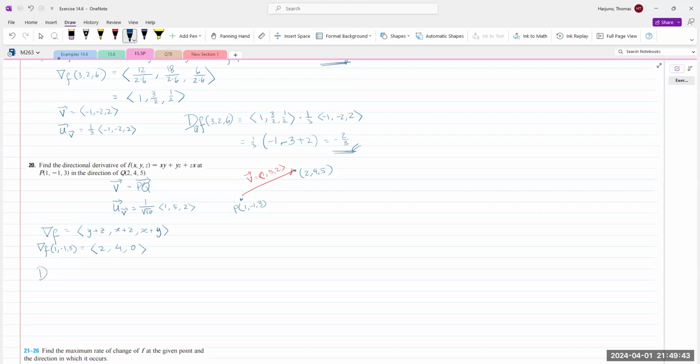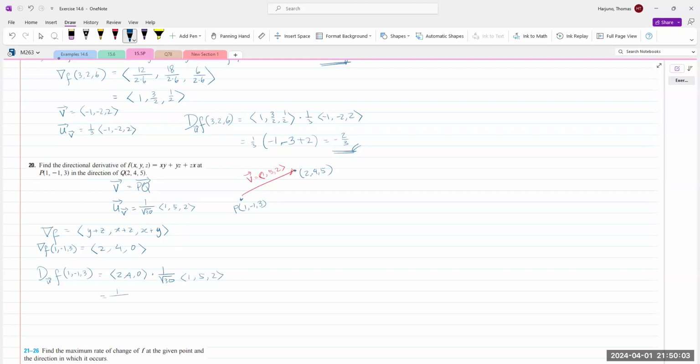Then the directional derivative of the function at (1, -1, 3) in the direction of u is (2, 4, 0) dot 1 over radical 30 times (1, 5, 2).